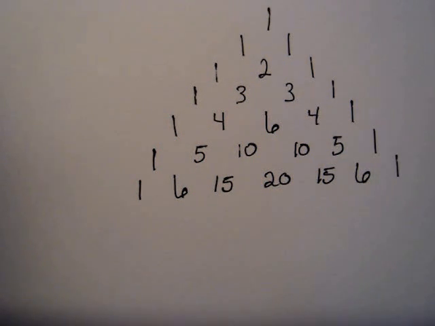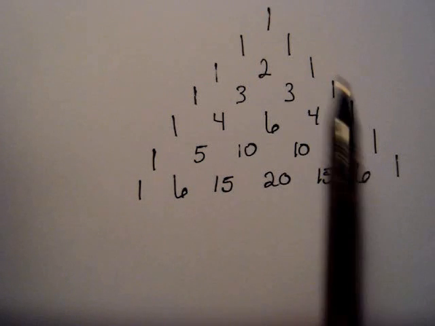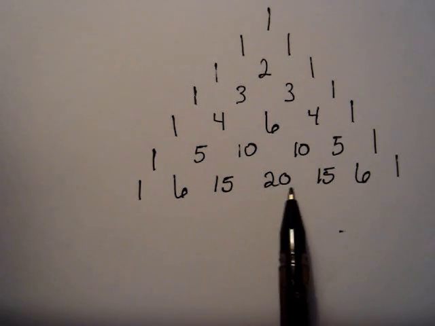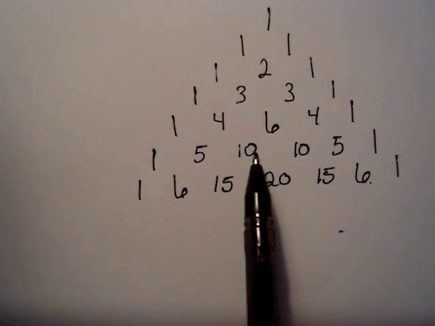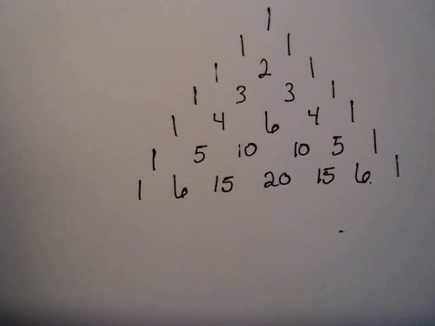So I want you to go back, if it didn't make sense the first time, start over and look at the pattern for Pascal's triangle. I also want you to notice that Pascal's triangle has this nice symmetry. Remember, symmetry means mirror image. So it goes 1, 6, 15, 20, and then back down 15, 6, 1. 1, 5, 10, back down 10, 5, 1. So notice that. That's interesting. All right.